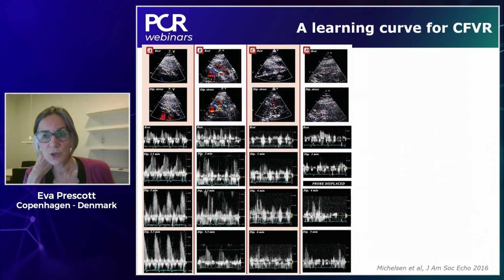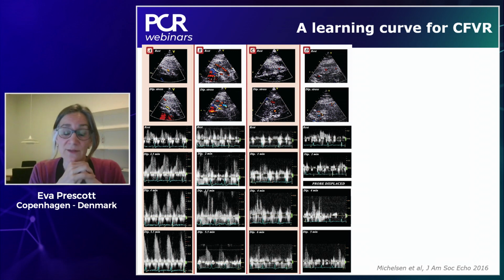But there's a learning curve, and there are some tips and tricks to what you should be looking out for. You want to keep the color Doppler throughout the whole assessment. If you can do that, then you're sure you've got the same vascular bed, and you've got a nice flow there, as you see on your left.